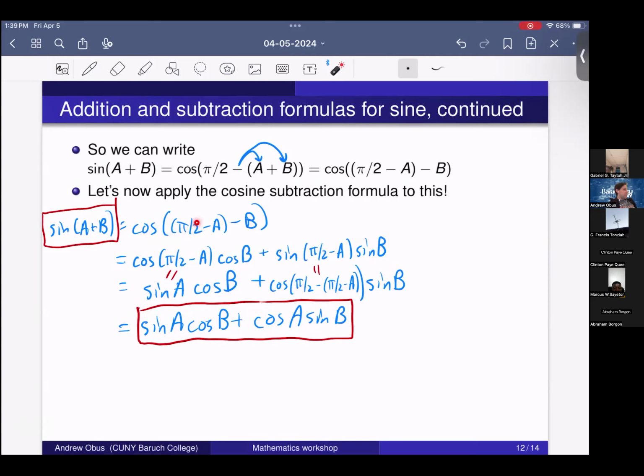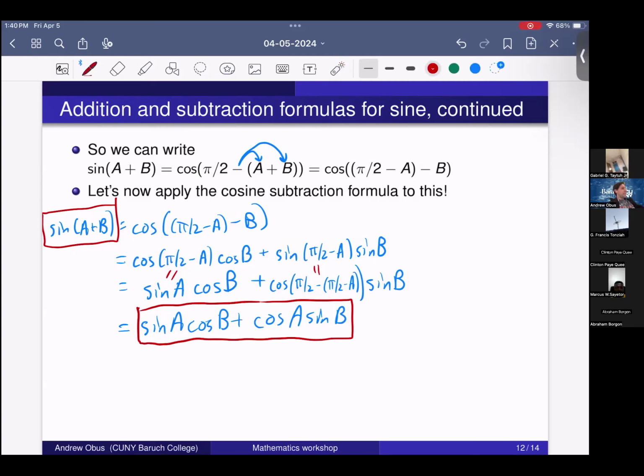We have to turn a sine into a cosine by using this identity, that cosine of pi over 2 minus x is the same as sine of x. And we actually use that identity in a few places in the proof. We use it to get this first equality. We then apply the subtraction formula, and then we have to use it again to turn this cosine back into a sine, and again to turn this sine into a cosine. But in the end, we get this very clean formula, sine a cosine b plus cosine a sine b.